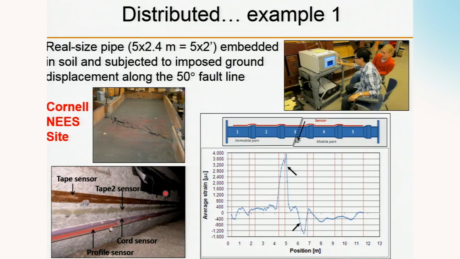First, soil subjected to imposed ground displacement along a 50-degree fault line. From the monitoring table, we can see how the fault happened here.